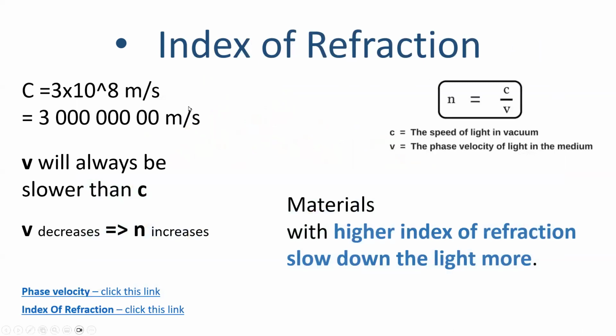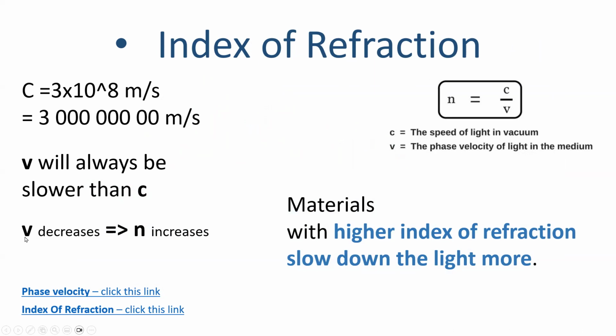Some of the facts to consider about the index of refraction. Speed of light is this big number. Now, the speed of the light in whatever other than a vacuum is always going to be slower.